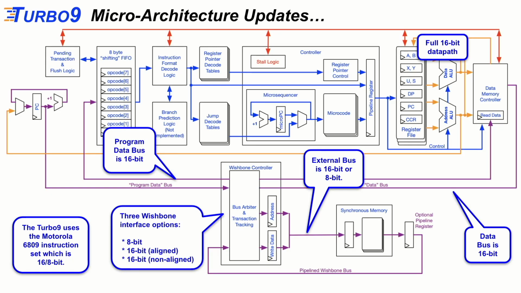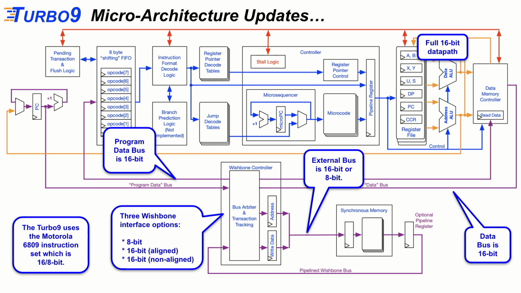So the data path is 16-bit, right? The internal data bus is 16-bit. The program data bus is 16-bit. The external data bus can be 16 or 8-bit. It's configurable. And then the Wishbone, we have different bus arbiters that you can put in place. So you can do plain vanilla 8-bit, 16-bit aligned, or 16-bit non-aligned.